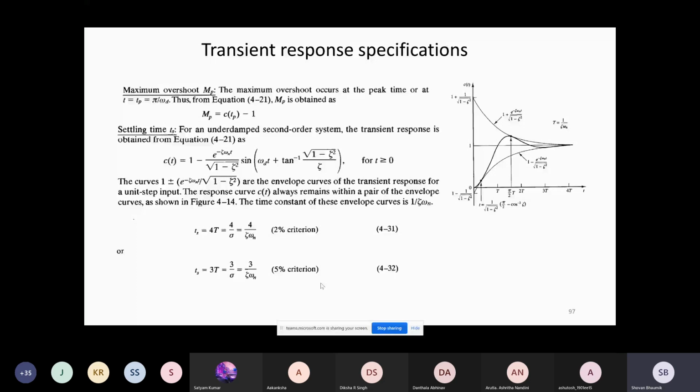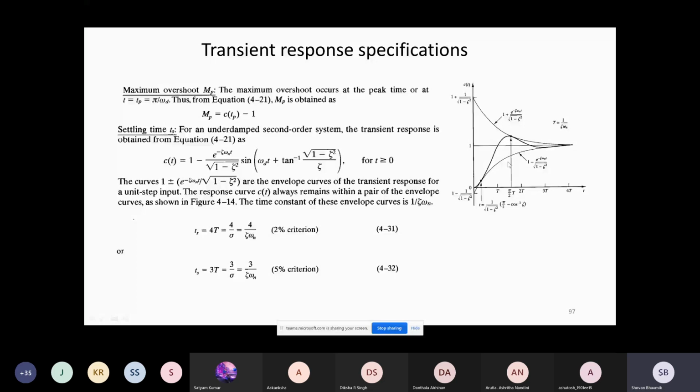Now settling time is the time where the response reaches the 2% band or 5% band. That's what I discussed. So from here you see the 2% criteria. Basically, when you see the second order underdamped system response, you will see there is an envelope through which this is moving.